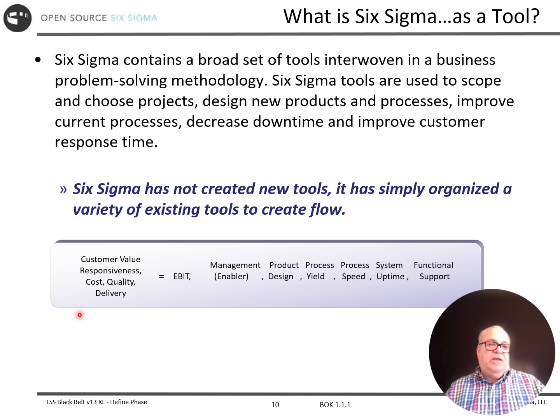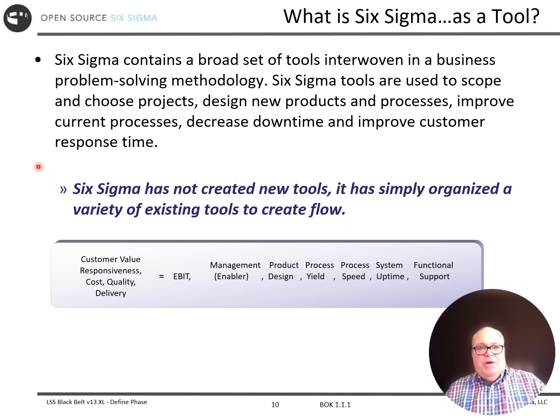Dividing that into cost, quality, delivery, or speed, it's a function of things like product design, so we can work on making our products better. We can look at making our yields better. We can go faster. We can look at maintenance, so our production lines are available to make product. And then the people side of it: all the folks who have to operate together as a system to support our products and processes. So it's a broad tool set.